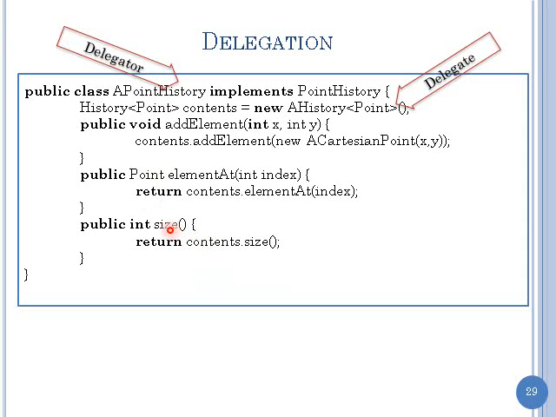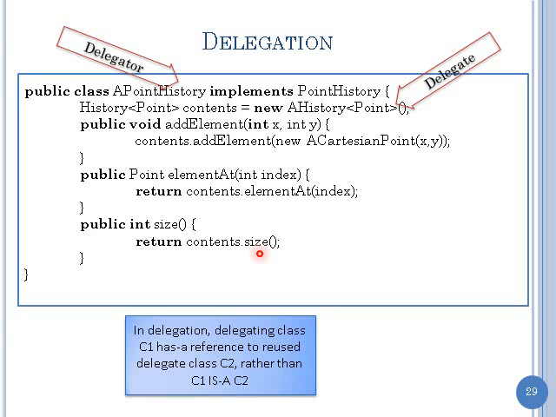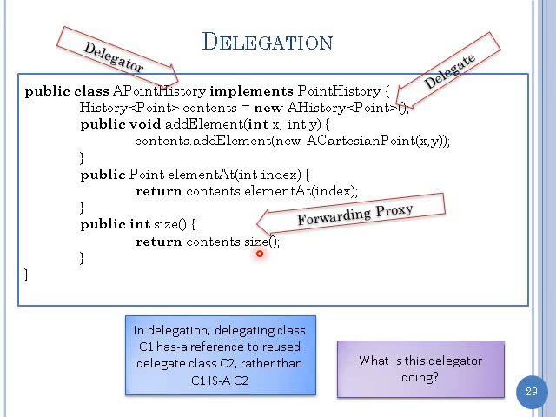What is size really? What is this method? What is the relationship between the size method here and the size method here? One calls the other, doesn't do anything else, right? It's just a proxy, forwarding it. Forwarding proxy again. What is this guy doing?